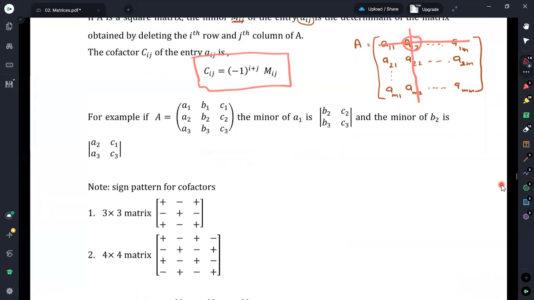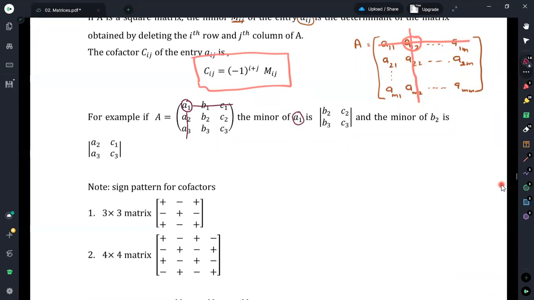If we are going to identify the minor for A1, for this single element, we need to eliminate the row and the column associated with the value. Therefore, the remaining elements are B2, C2, B3 and C3.